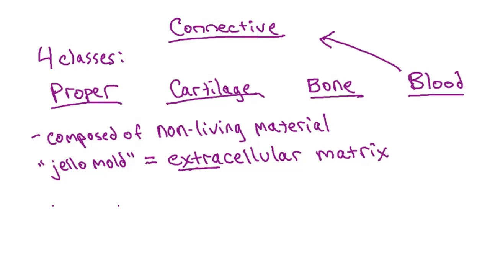Extra in this case means outside, so outside of the cells. In between the cells, did you ever think what is actually between the cells? It's not air. It's this gelatinous goo that all the cells sit in, just like a Jello mold, and that's called the extracellular matrix.